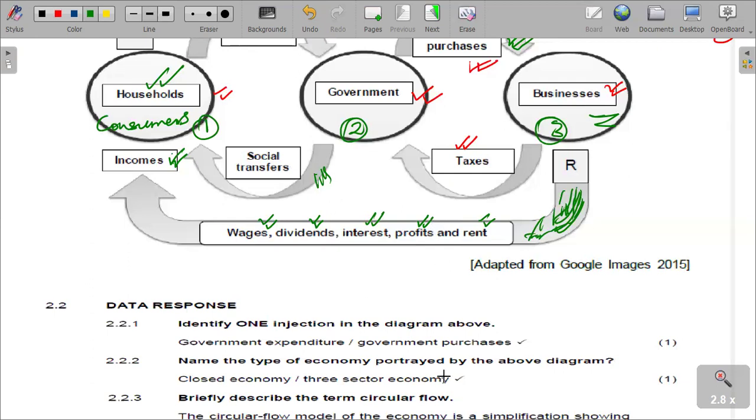Name the type of economy portrayed by the above diagram. This is a three-sector economy, which I mentioned already when I was marking one, two, three for you.